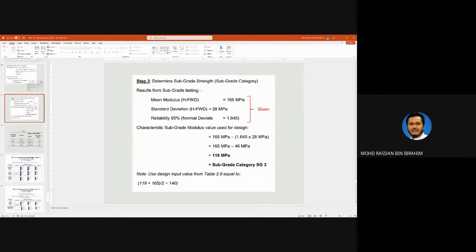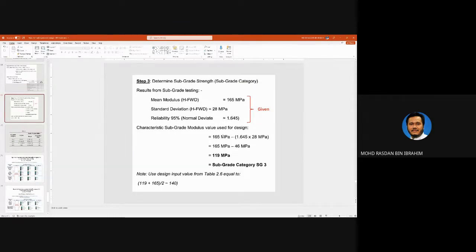And then you are given this falling weight deflectometer value for the subgrade. So this is not CBR, this is the falling weight deflectometer test. 165 MPa. The standard deviation for the test is 28 MPa. Reliability is at 95%, 1.645.